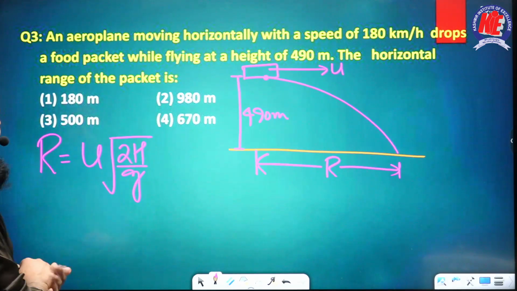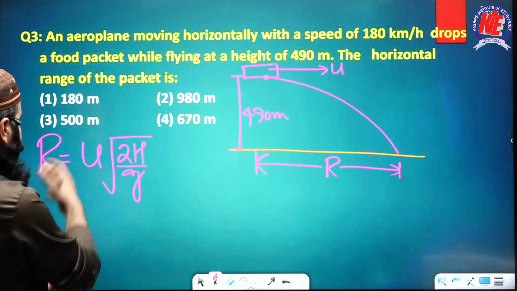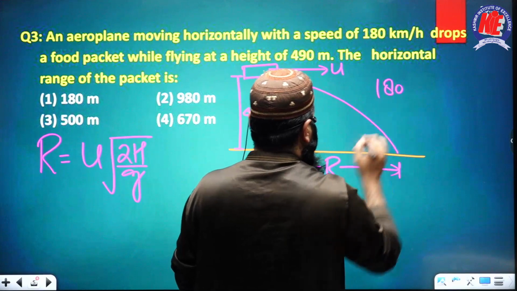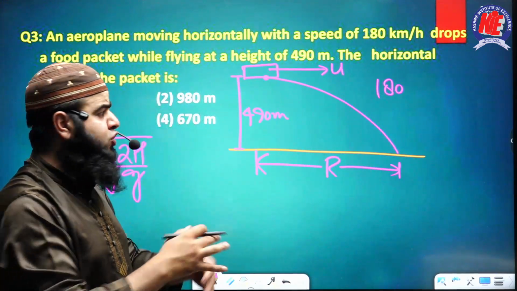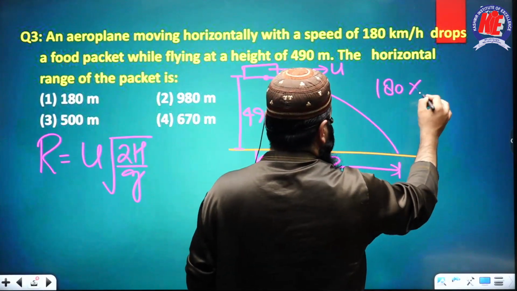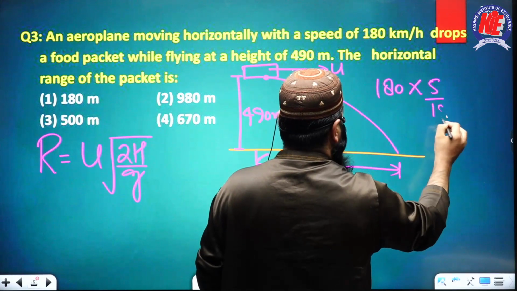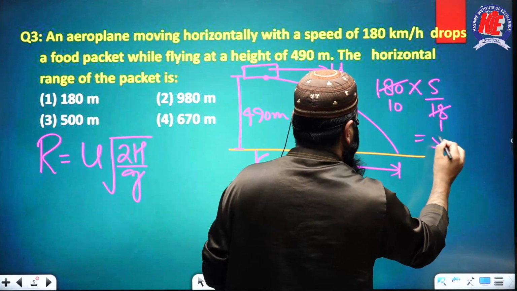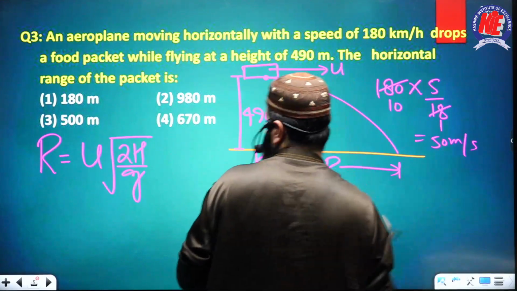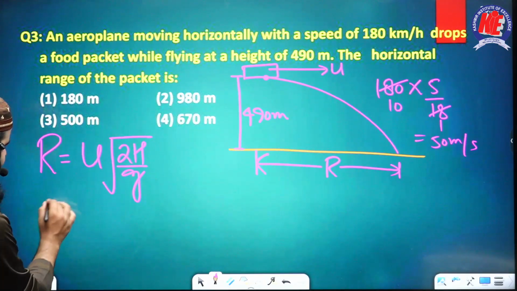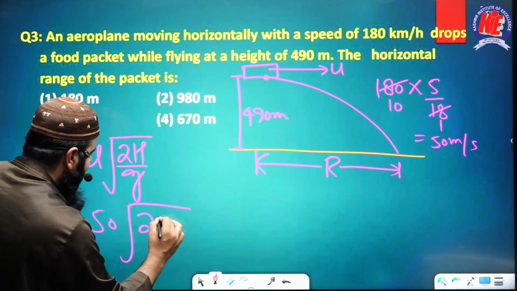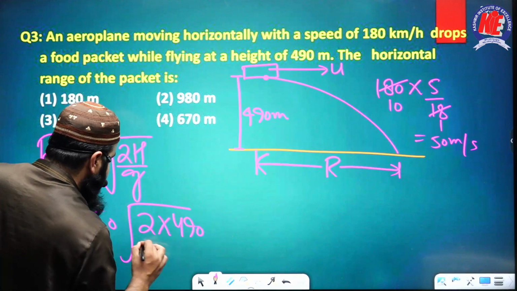So simply a substitution problem. Now u is given as 180 but in kph, and in order to convert it into meter per second we will multiply it by 5 upon 18. So 18 into 1 hour, 18 into 10 hours, 10 into 5, that's 50 meter per second. So if you want to hit the final answer, it will be 50 into root of 2 into 490 divided by g.